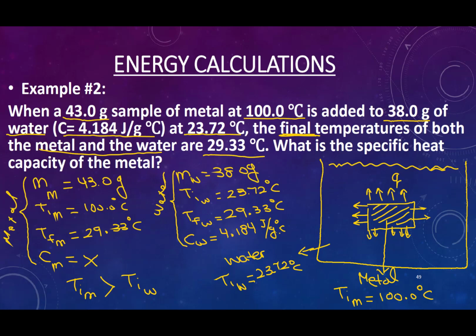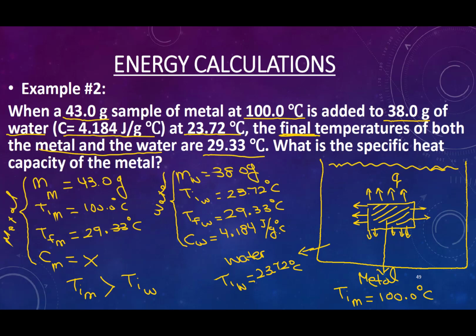One thing that you want to know, and you will figure out, is that the metal is losing its heat, its energy, and it's giving it to water, right? Because the transfer of energy or the transfer of heat is from metal to water.